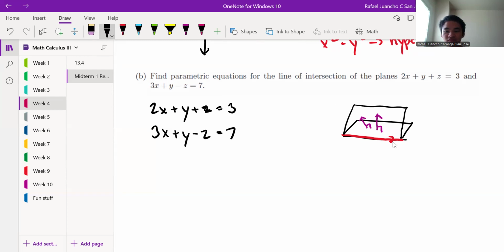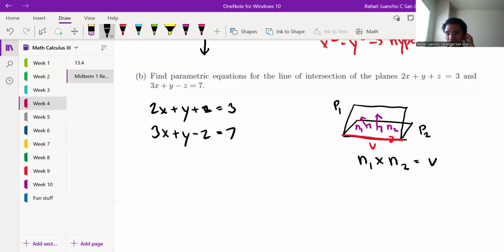So maybe if this was P1, this was P2, planes 1 and 2, and these were the normal vectors N1 and N2. Well, if we somehow get their cross product, we will get a vector that's perpendicular to both of these, which is that direction vector that we need, maybe a V, right? And so that's what we need.